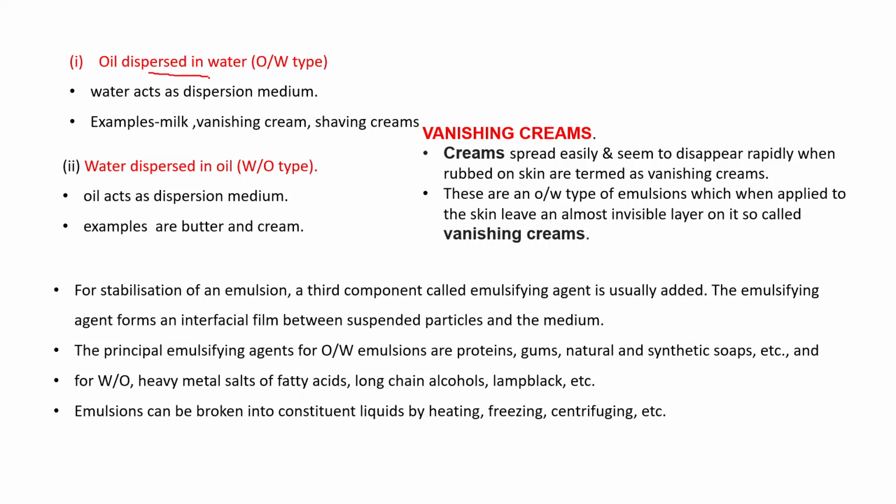Oil dispersed in water means water acts as the dispersion medium and oil is the dispersed phase. Very common examples are milk, vanishing cream and shaving cream. Now what is a vanishing cream? Creams that spread easily and seem to disappear rapidly when rubbed on the skin are termed vanishing creams.